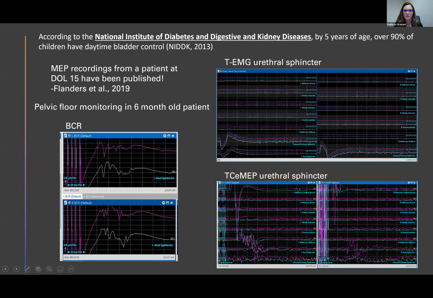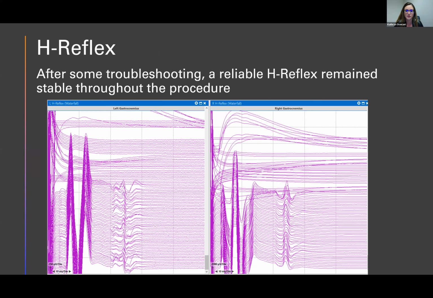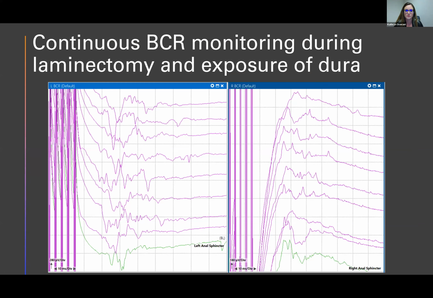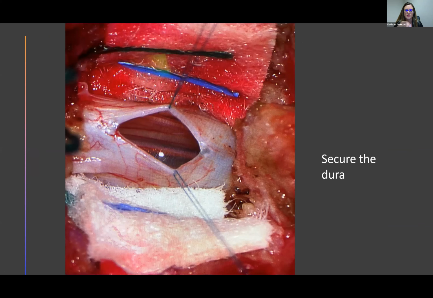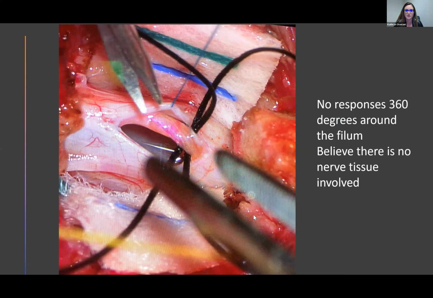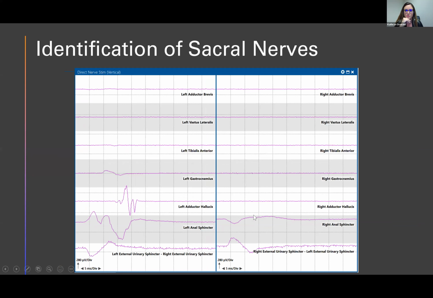And then I had another one as well. I was trying to see if I could find any where this scenario occurred. At this location of stimulation, there were responses from the anal sphincter but not from the urinary sphincter. And then another spot where there were responses from both.